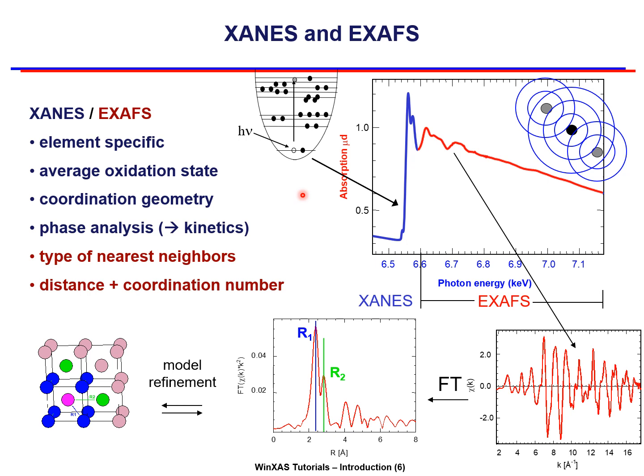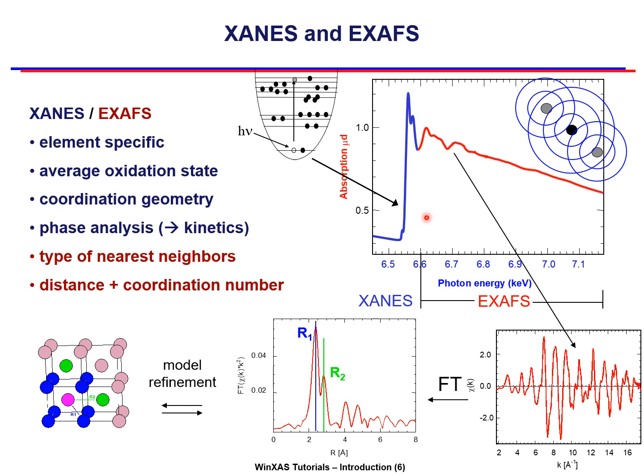Also, I assume that you know the meaning of XANES and EXAFS and that you are familiar with the fundamentals of photoionization, scattering and backscattering of the photoelectron and Fermi's golden rule.